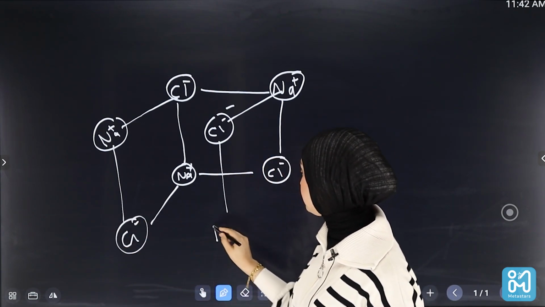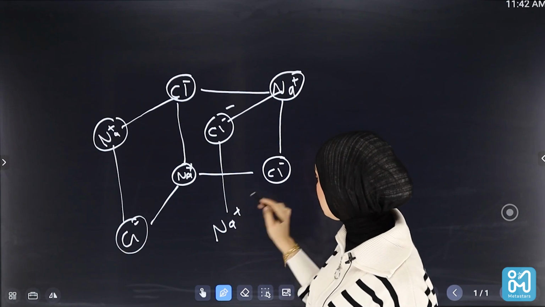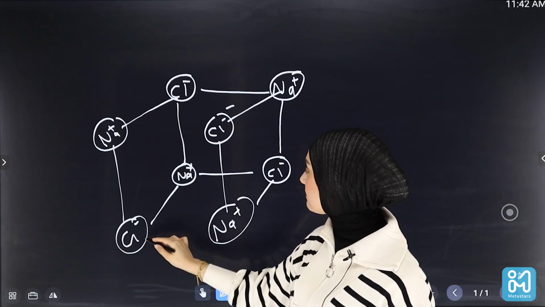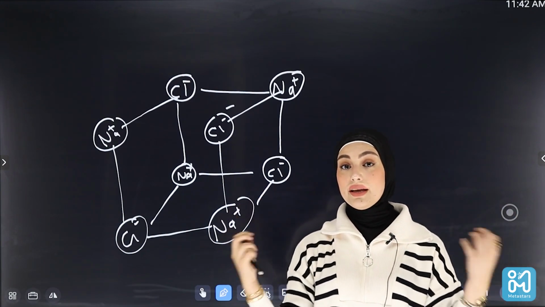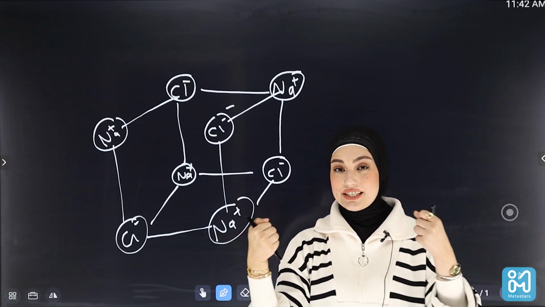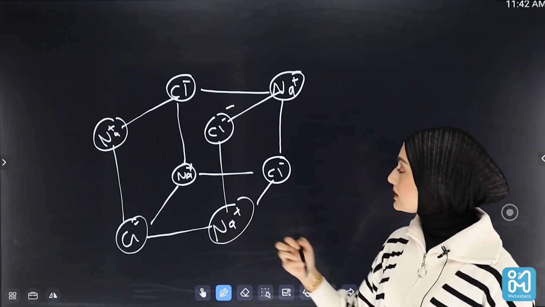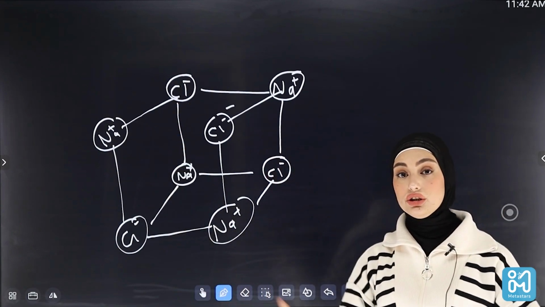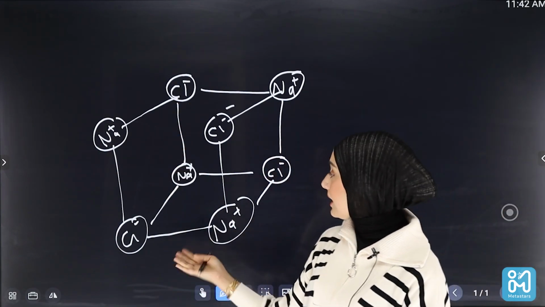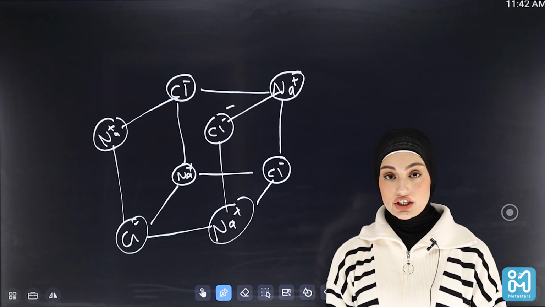That's why these ionic compounds have this giant structure, because we have millions of atoms and the electrostatic attraction is very strong. It acts in all directions, and then we have these giant structures.